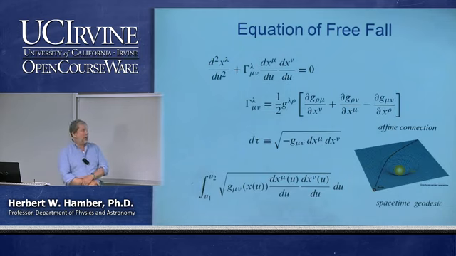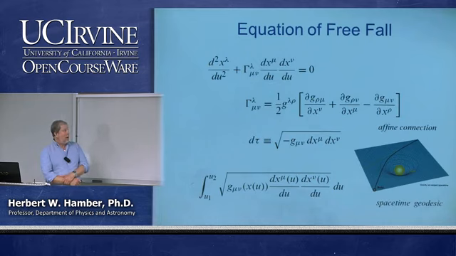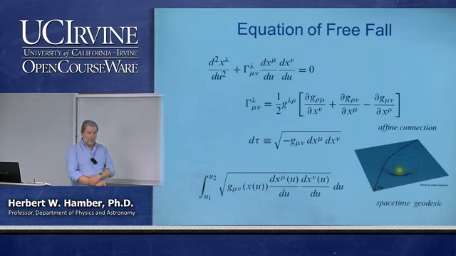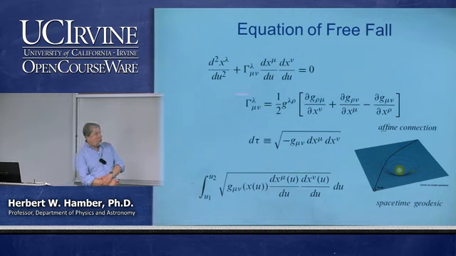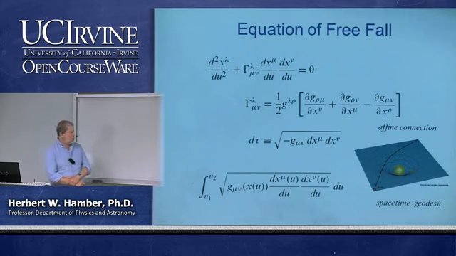We have been able to write down this equation in terms of the affine connection, and we have been able to write the affine connection in terms of derivatives of the metric, which is kind of miraculous that you could do that. And with the proper time here appearing, d tau and d u are the same thing. This equation of free fall then tells us the orbits are given by geodesics and so forth.